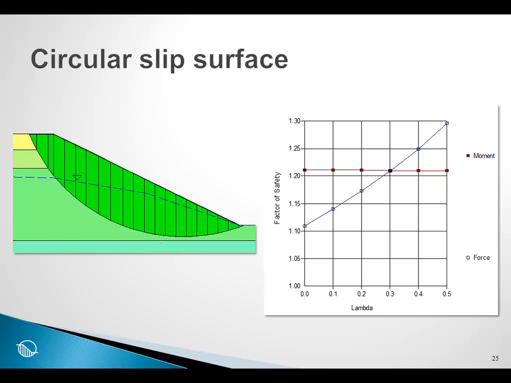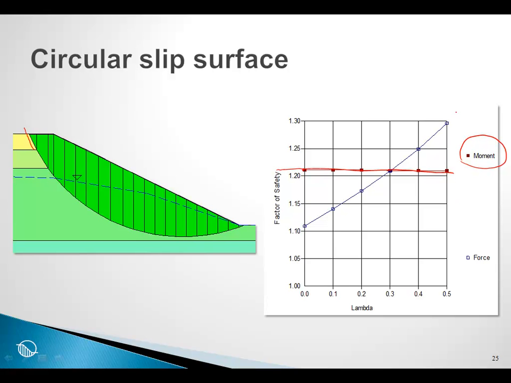Take a look at this case where we have a perfectly circular arc slip surface. We notice that in this case the moment equilibrium is completely independent of interslice shear. It does not matter what assumption we make about interslice shear, moment equilibrium is not affected by interslice shear.